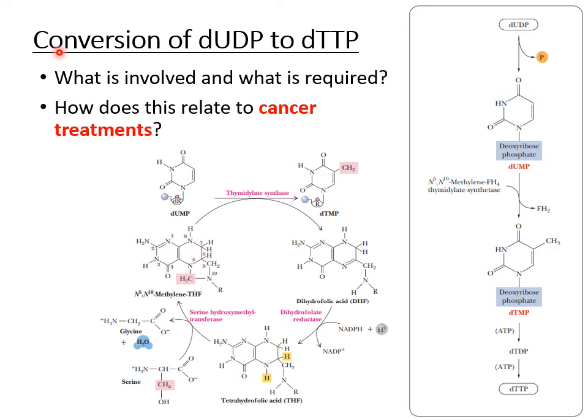So if you inhibit the enzymes that catalyze the production of this thymine, you're going to inhibit the growth of rapidly dividing cells. And now when you think of rapidly dividing cells, the one word that should come right to mind is cancer, because that's what cancer is. It's uncontrolled cell growth and division.